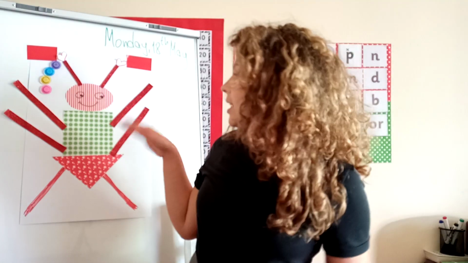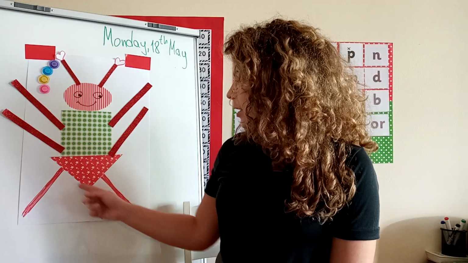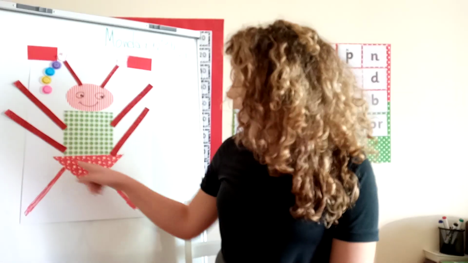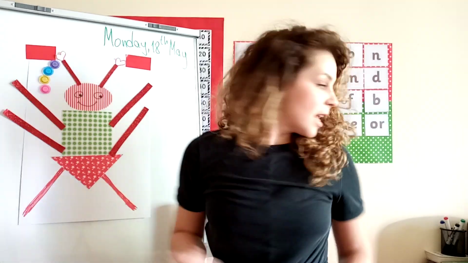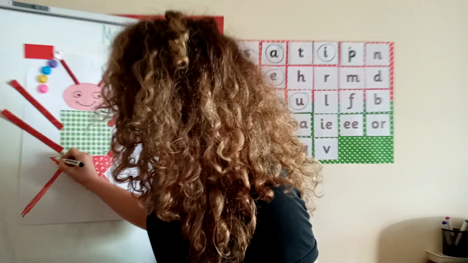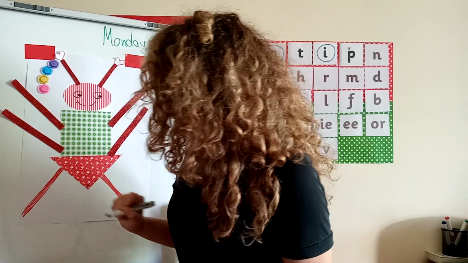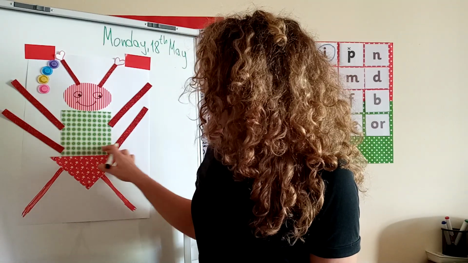So let's look at these shapes that we have here. So we have triangle, you already said, 1, 2, 3 straight lines, 1, 2, 3, 3 corners. So I'm actually just going to use my marker to write down the numbers of corners. 1, 2, 3, okay? Now let's look at this square.